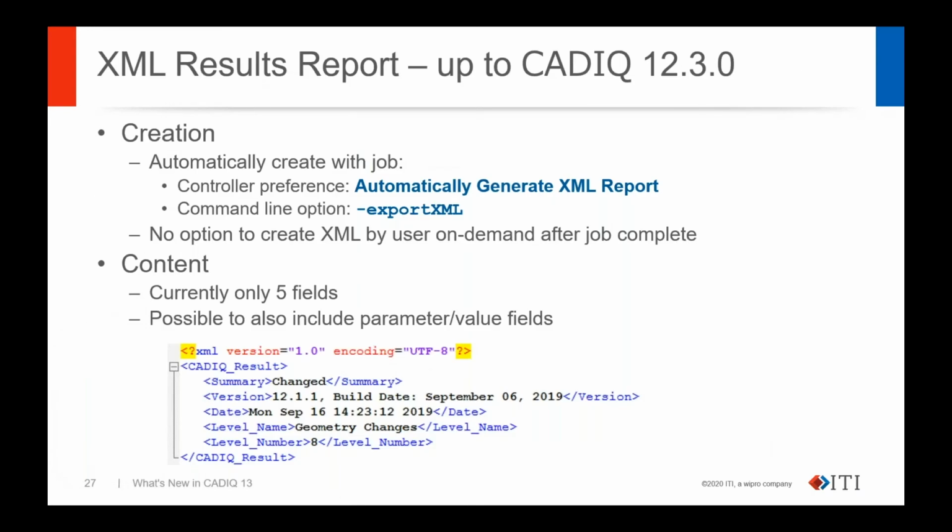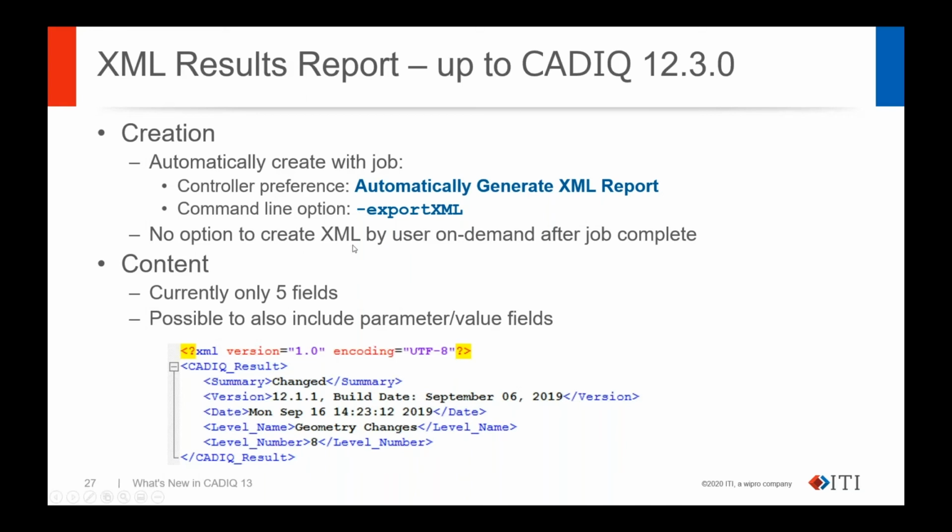So the XML results report is another output that CADIQ can generate. And up until CADIQ 12.3.0, you could automatically generate this XML report with the job run, either through a controller preference or a command line option.